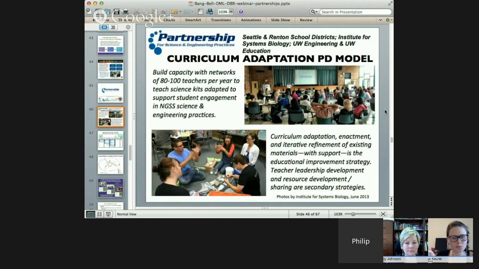It is a systems level approach to shifting the curriculum materials for the district through curriculum adaptation as a collaborative practice. We're working with between 80 and 100 teachers per year across these 2 urban districts to engage in small group redesign of existing curriculum material infrastructure to take into account the disciplinary practices that are in the new vision.